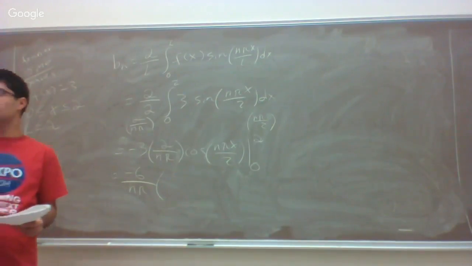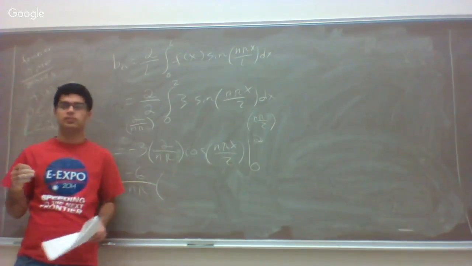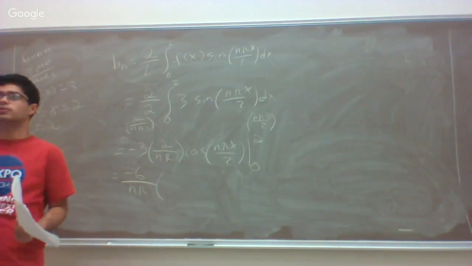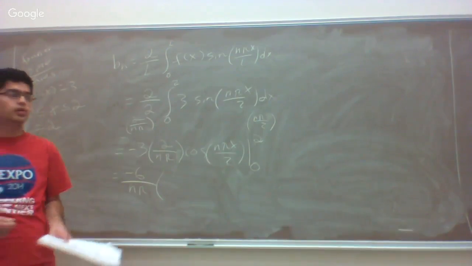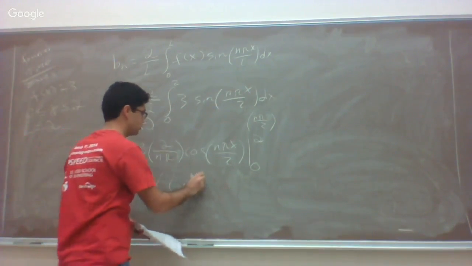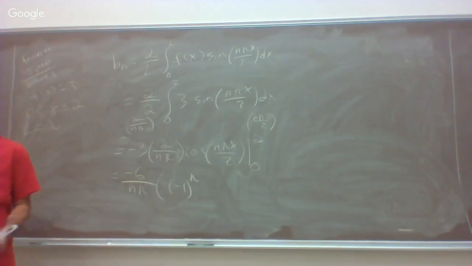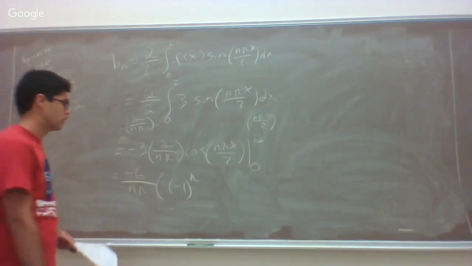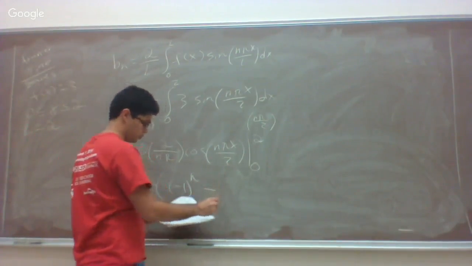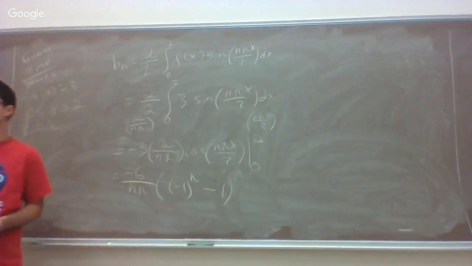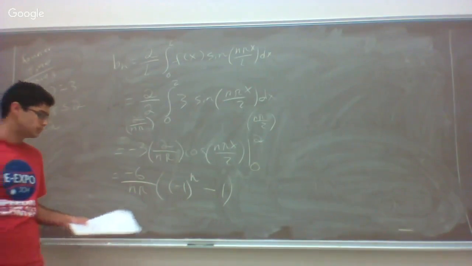Cosine of n pi is either one of two values, essentially: 1 or negative 1. So I have negative 1 to the nth power, because it changes depending on your n value. And then I have cosine of 0, which is a 1.